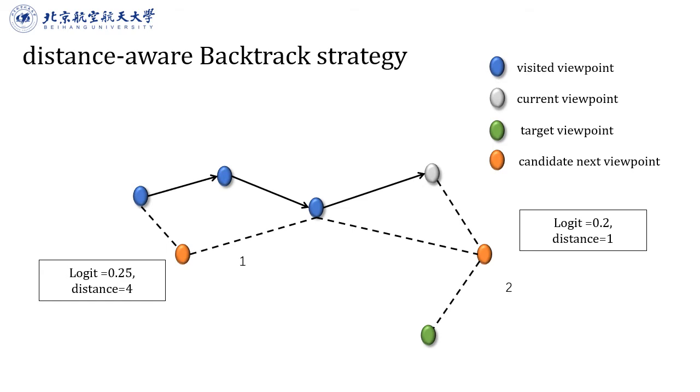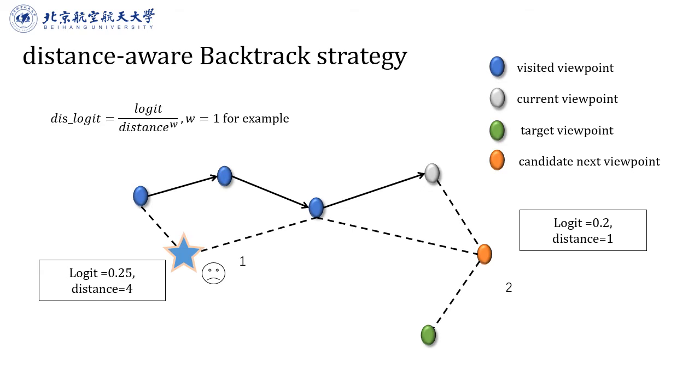So we use this logit to replace the original logit, computed as shown above. W is a hyperparameter that influences the importance of distance in this logit. We take W equals 1 for example.